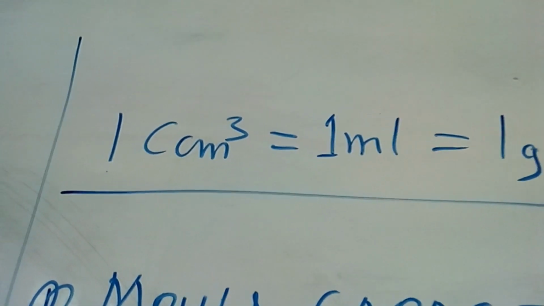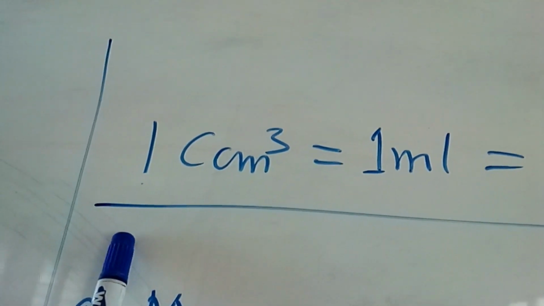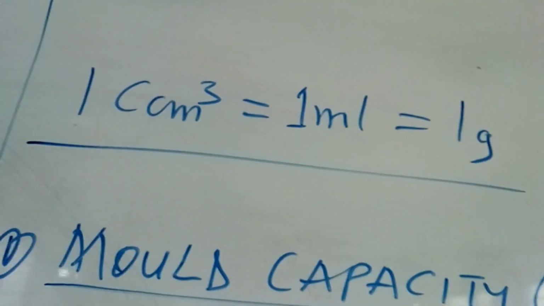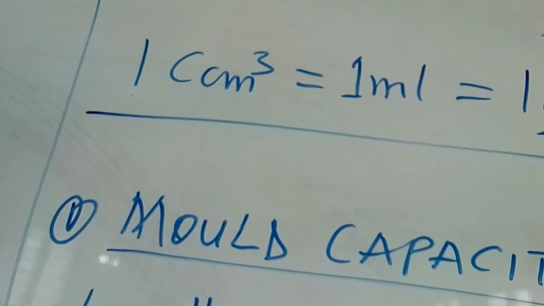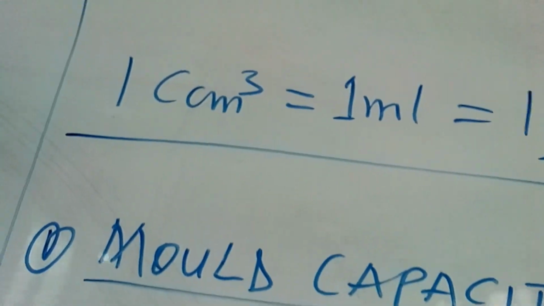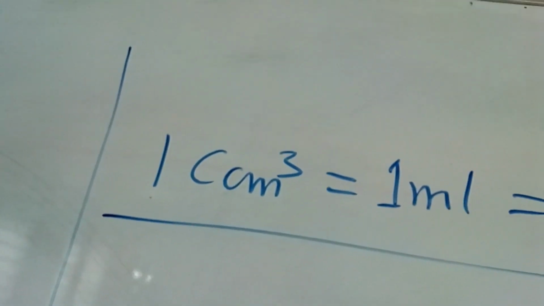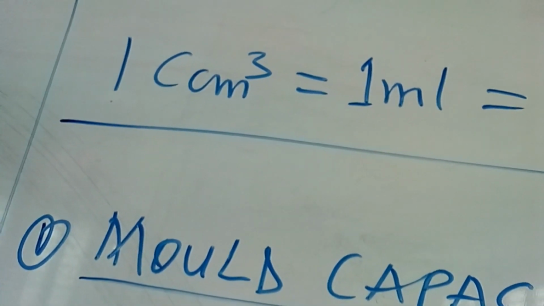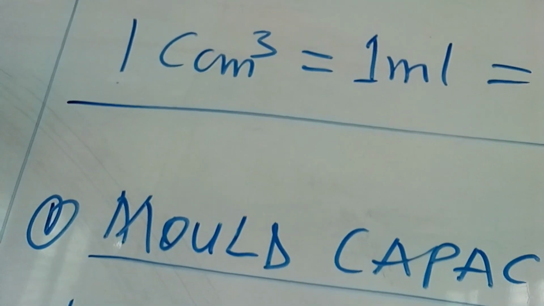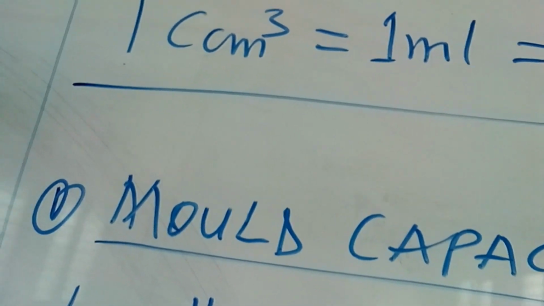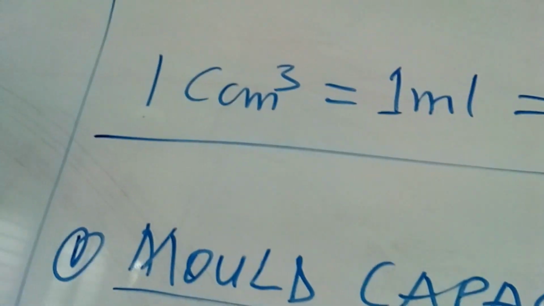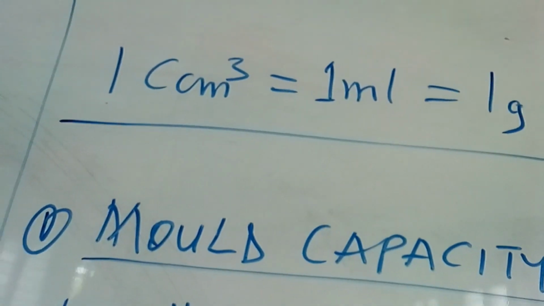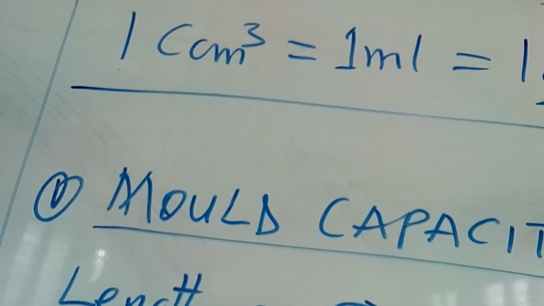Let's take note of this. In our calculation, we'll be using centimeters, grams and mils. Centimeter cube is equal to centimeter times centimeter times centimeter, and we took the measurements in centimeters.